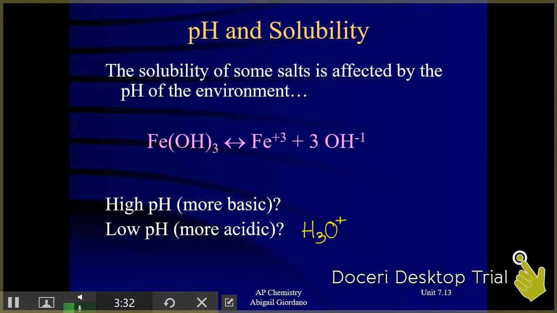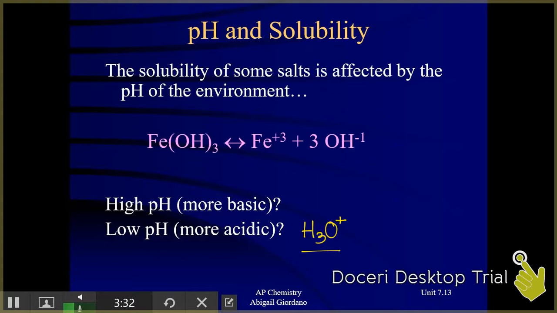That's called hydronium. It's the ion that is essentially responsible for making things acidic. So in a low pH environment, there's going to be lots of hydronium, this guy, floating around. And you might say, well, okay, but that ion isn't a part of this salt. It shouldn't have any effect.